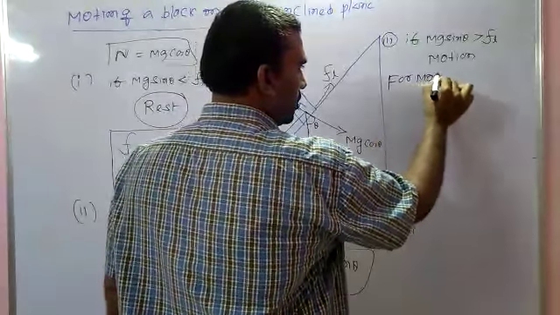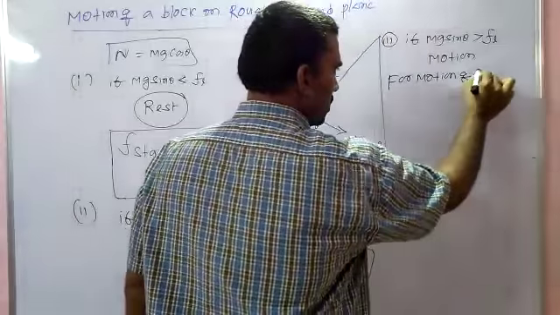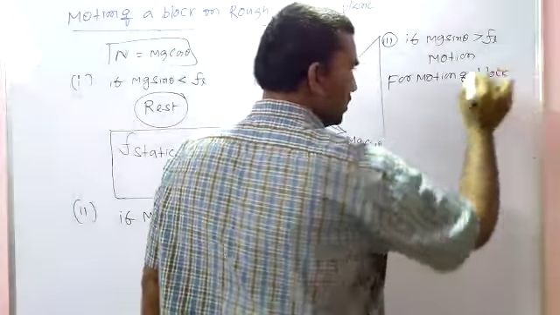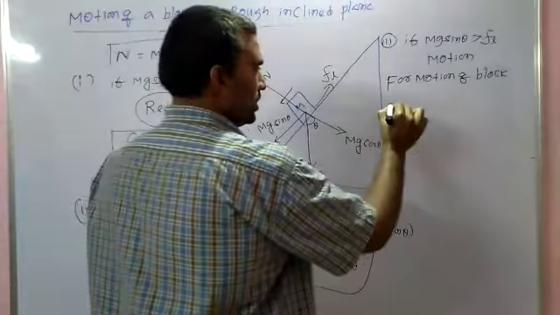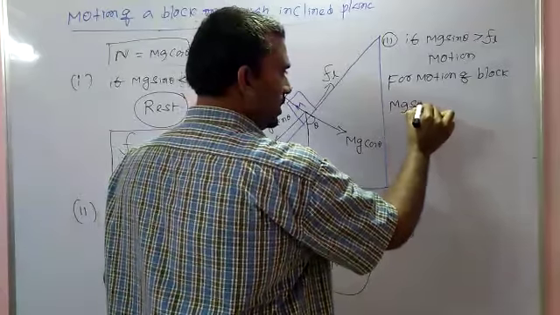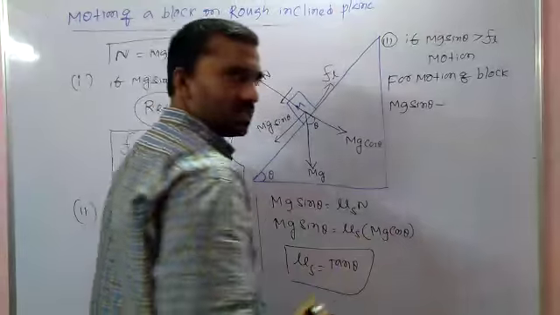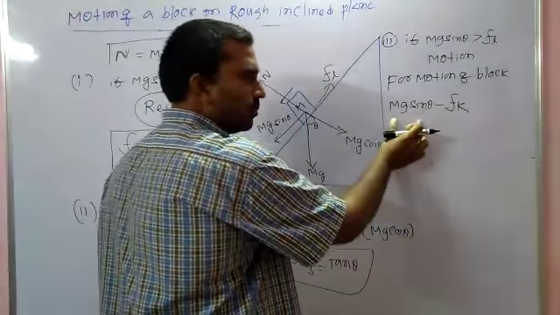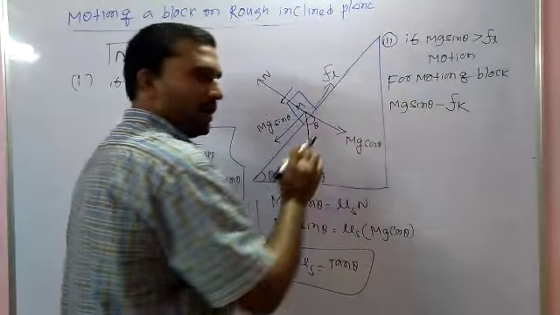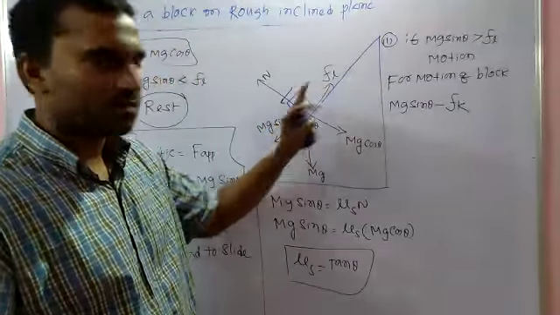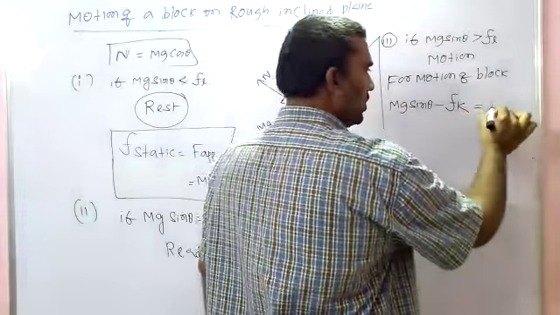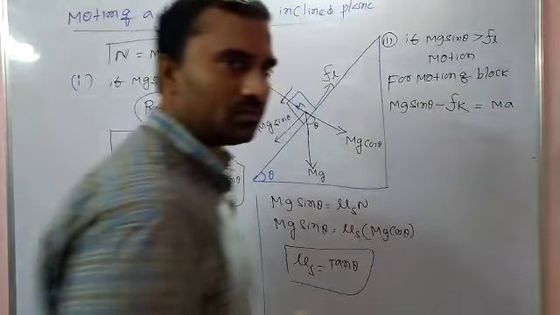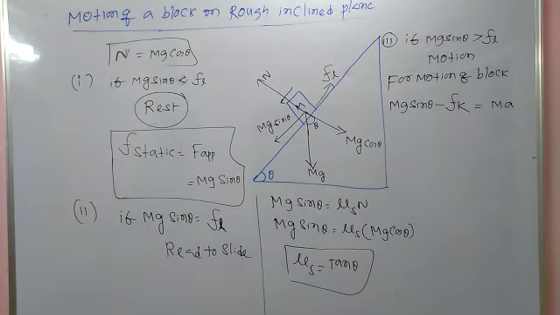Applied force mg sin theta minus kinetic friction fk is equal to ma.